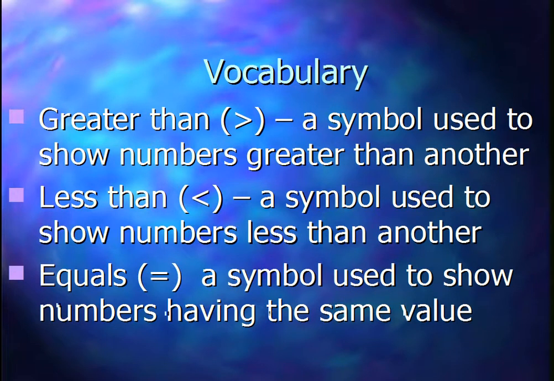Now, just as we read from left to right, when we do comparisons, we also read the numbers from left to right. So with the greater than sign, the number on the left would be greater than the number on the right. The less than, the number on the left is less than the number on the right. And we will have some practice during this video to do so.